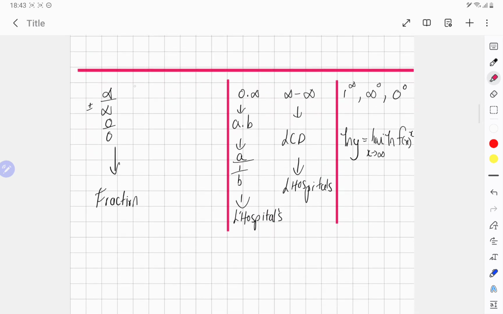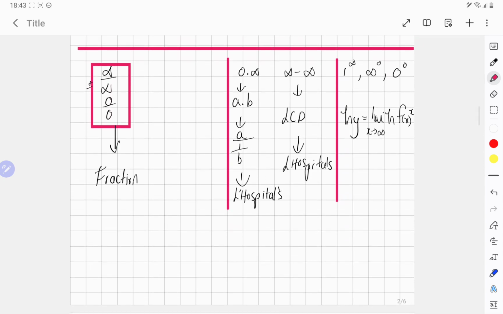Students often get this wrong. They only know these two quite well, infinity over infinity and 0 over 0, but they're not aware of the other 5 forms, which are 0 times infinity, infinity minus infinity. Now remember, for these two forms, we will change to a fraction so that we can do L'Hôpital's rule.